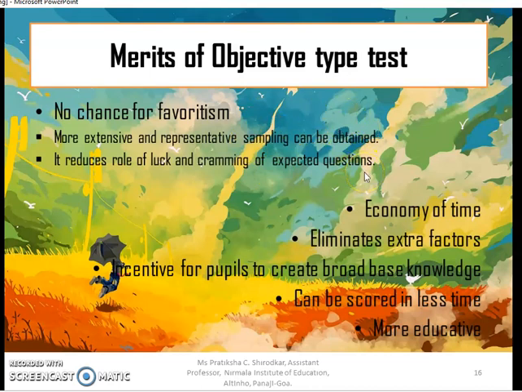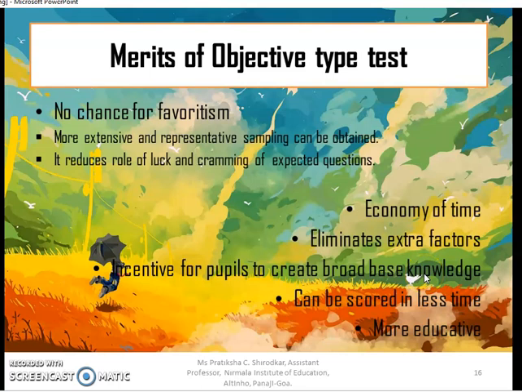Again, there is economy of time, because it is easier to frame. There is not much to write and think about when you're framing an objective type question. In a way, if you know the concept really well as a teacher, then you can frame objective questions quite easily. Otherwise, it can get difficult. It eliminates extra factors. It gives pupils an incentive to create broad-based knowledge.